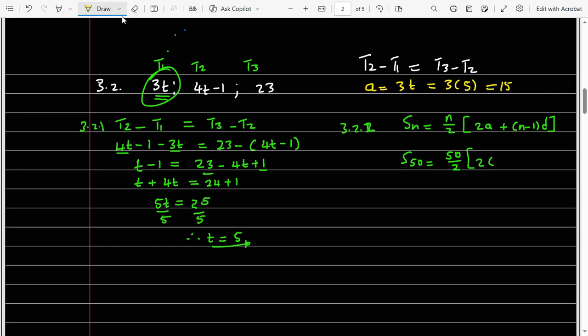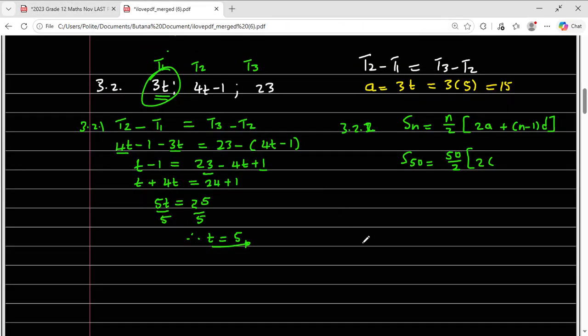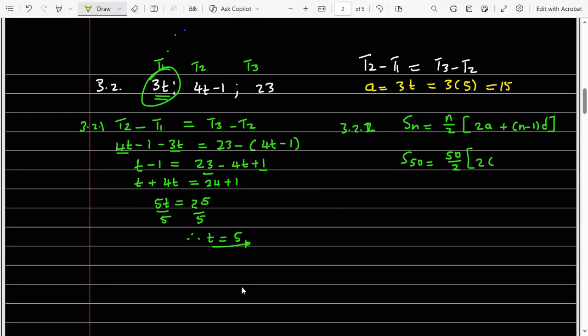So where there's n, I'm going to sub in 50. But now we have another issue here. Now this makes sense why this question is 4 marks, because we also have to find d. So if we need to find d, we need to rewrite down the sequence. The first term we said is 15.